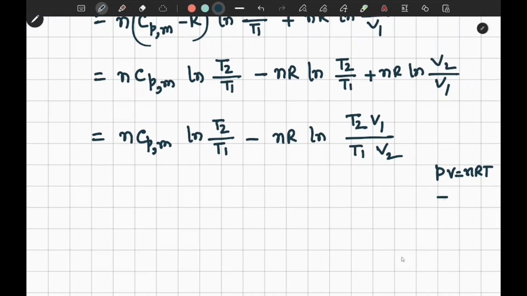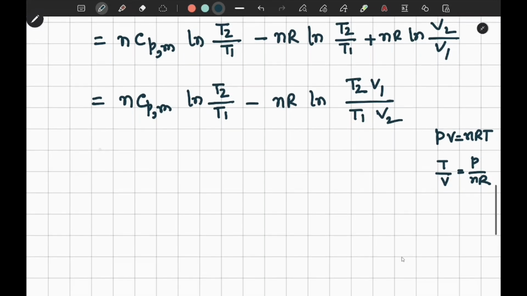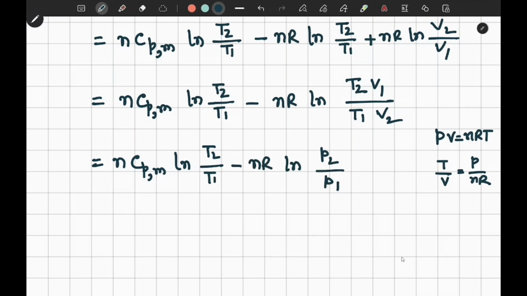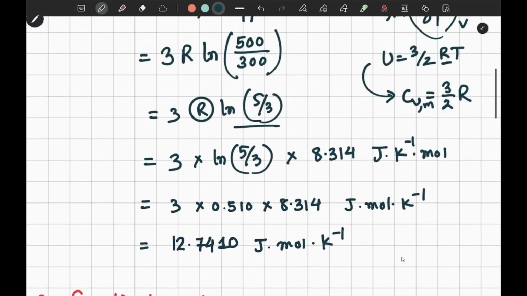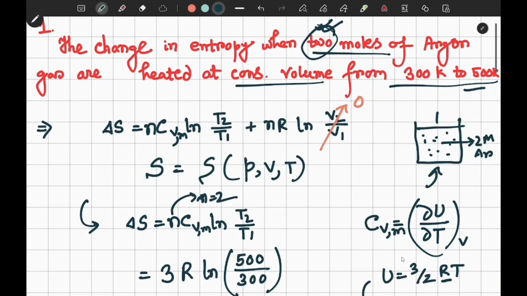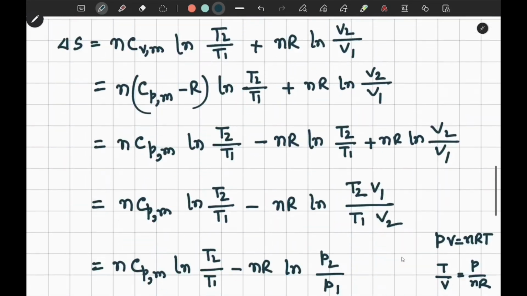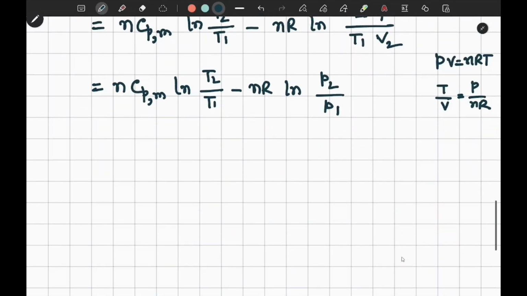From here you can write T by V equals to P by NR. Therefore, it can be written as N CPM ln T2 by T1 minus NR ln P2 by P1. Yes. Okay. So the formula here is minus. Here also, but that did not matter because this part was anyway 0. Okay. So now we have to use this formula here.